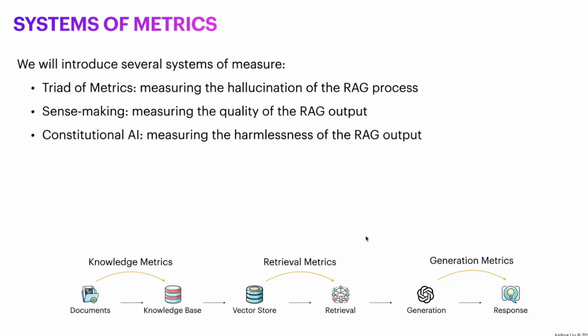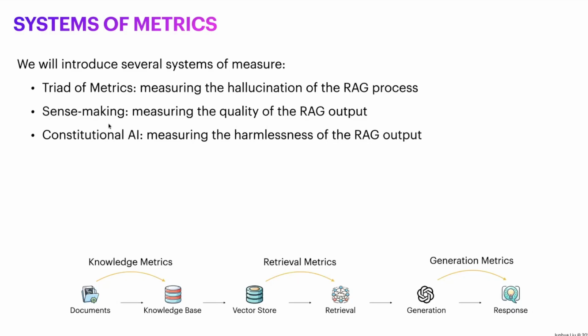And there are multiple systems of metrics that are used to measure different stages or components of the RAG system. Here, we will introduce three of the systems of metrics that are widely used and well regarded in the industry. The first one is called the RAG triad, which is commonly used to measure the hallucination of a RAG process. The second one is called sense-making.